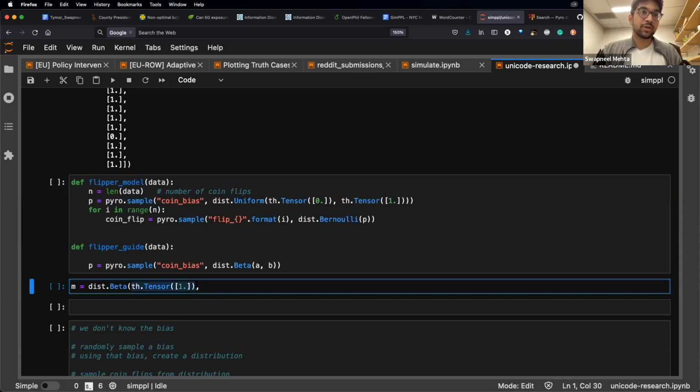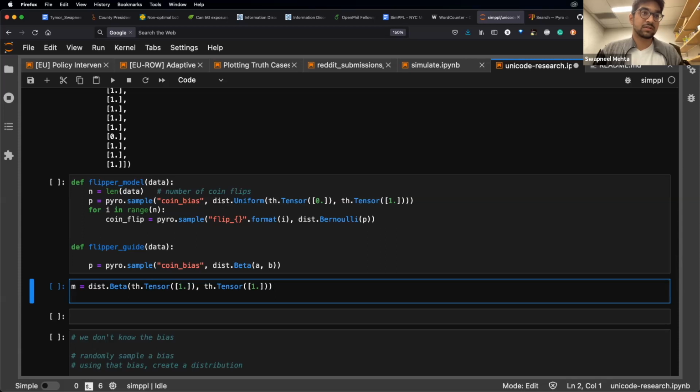What I'm doing is showing you what this beta distribution is. And if I just set 1, 1, this is m dot sample.